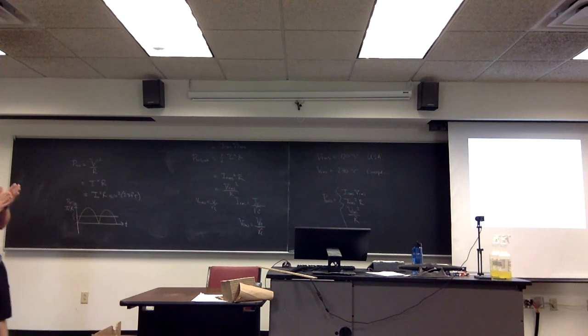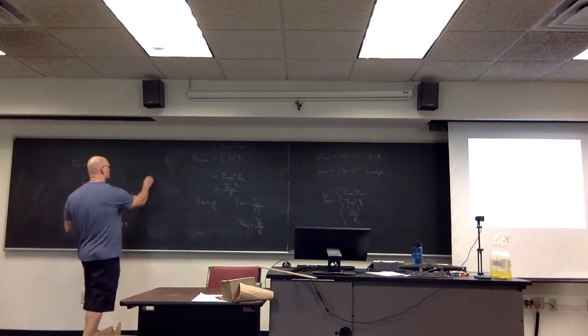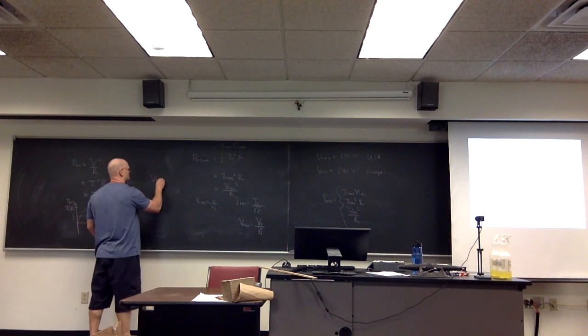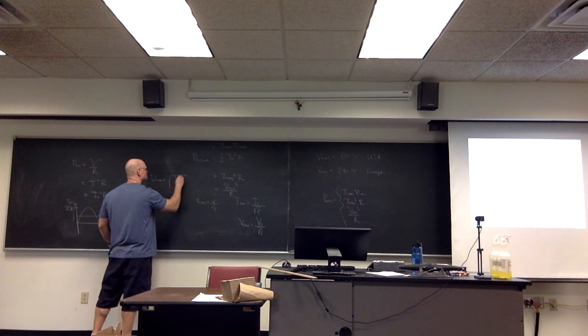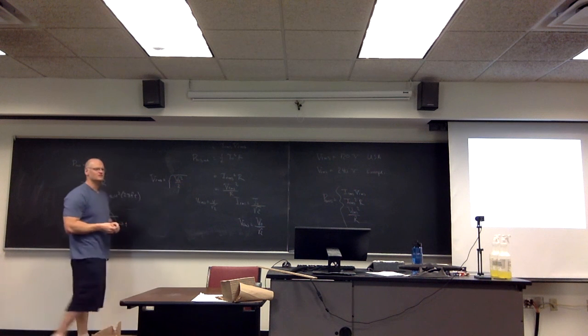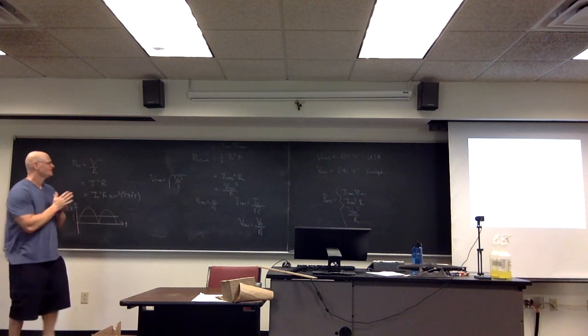RMS just means root mean squared, so the RMS value is equal to the square root of the peak potential squared divided by 2.